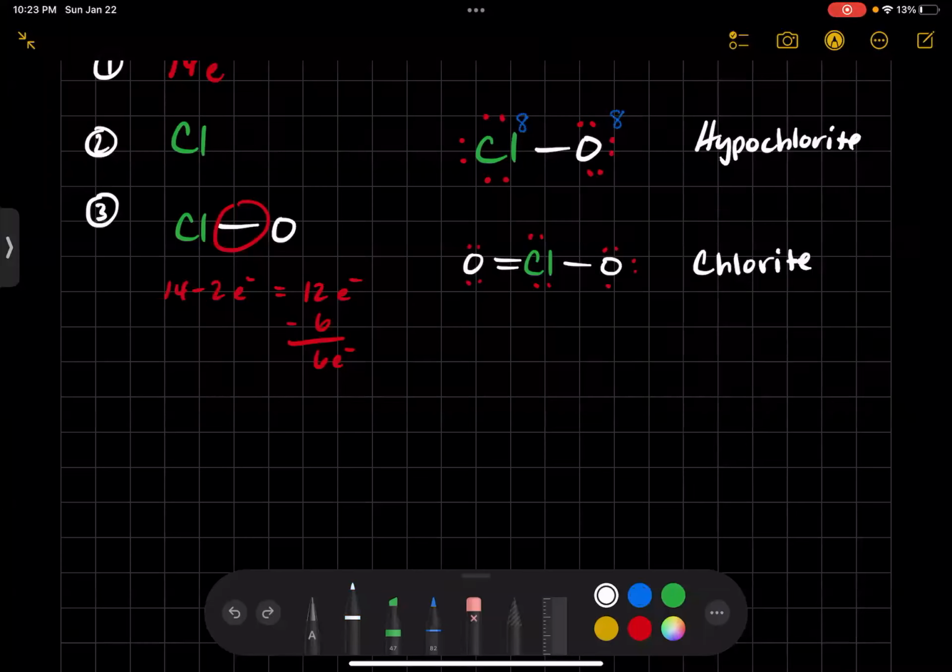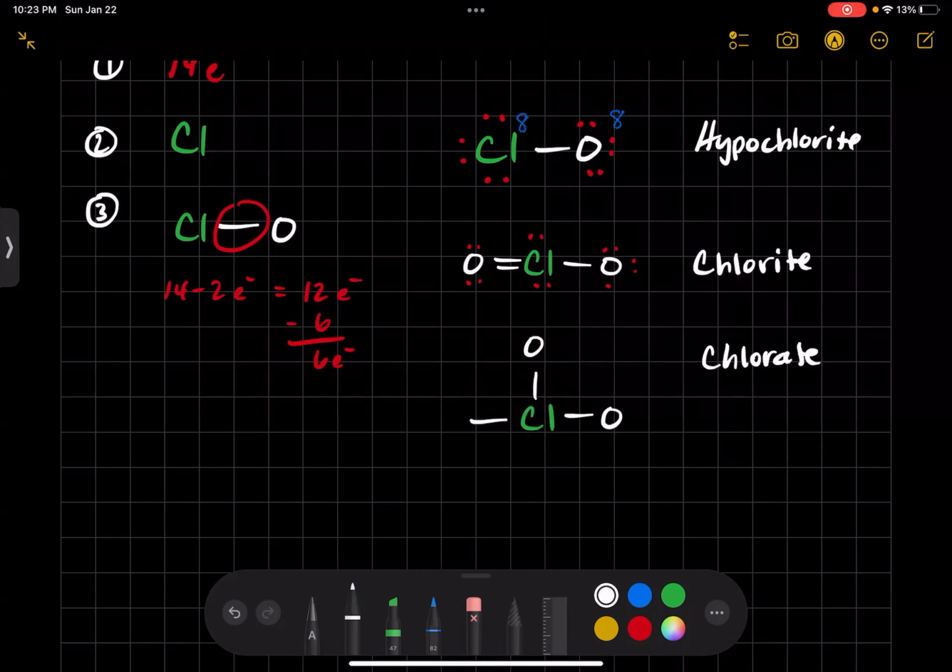But what about chlorate? I'm just going to draw the structure for chlorate, which is ClO3 minus. You can follow the rules and you can determine the Lewis structure for chlorate, but it looks like this. So it has 3 oxygen atoms. It has double bonds to 2 of the oxygen atoms.